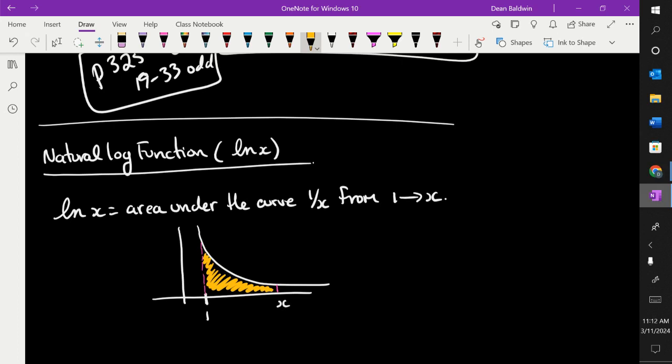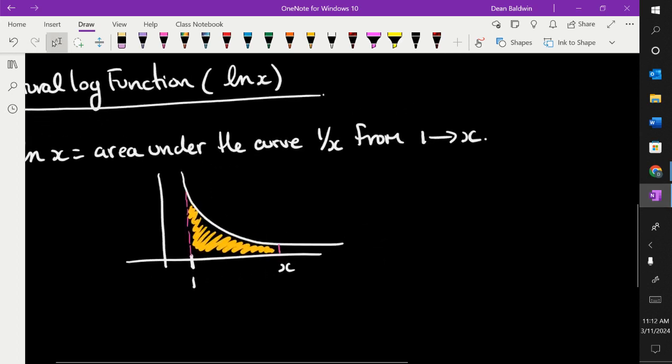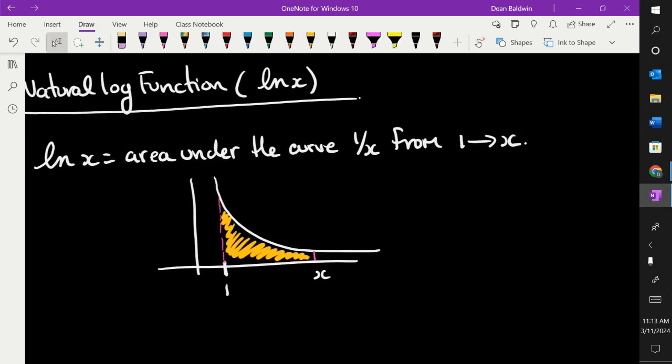What is the natural log function? Now, it makes more sense once you know integration. And it looks a lot cleaner than what I'm drawing here. So the natural log function is defined as the area under the curve 1 over x from 1 to x. So what the heck does that mean?